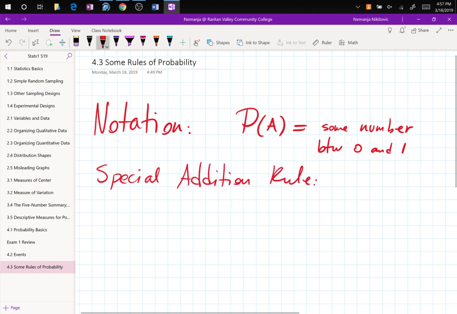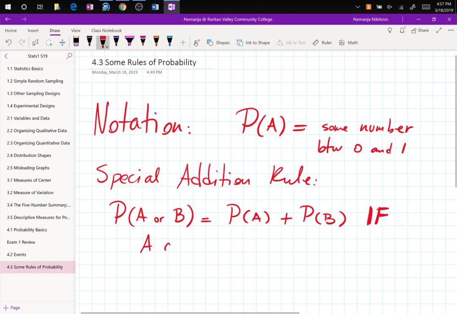This one says that the probability of A or B is equal to the probability of A plus the probability of B. Now, this has to be emphasized: if A and B are mutually exclusive.